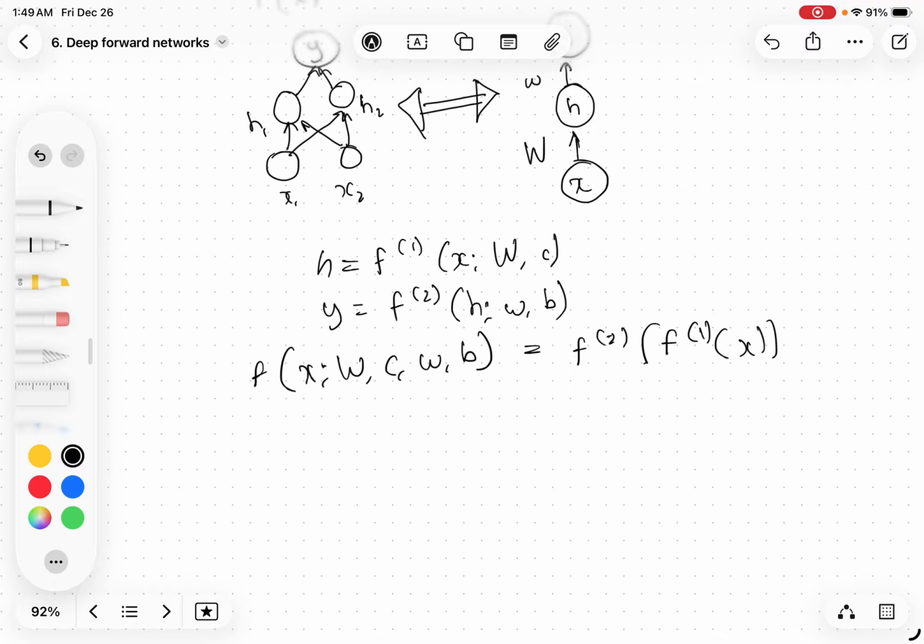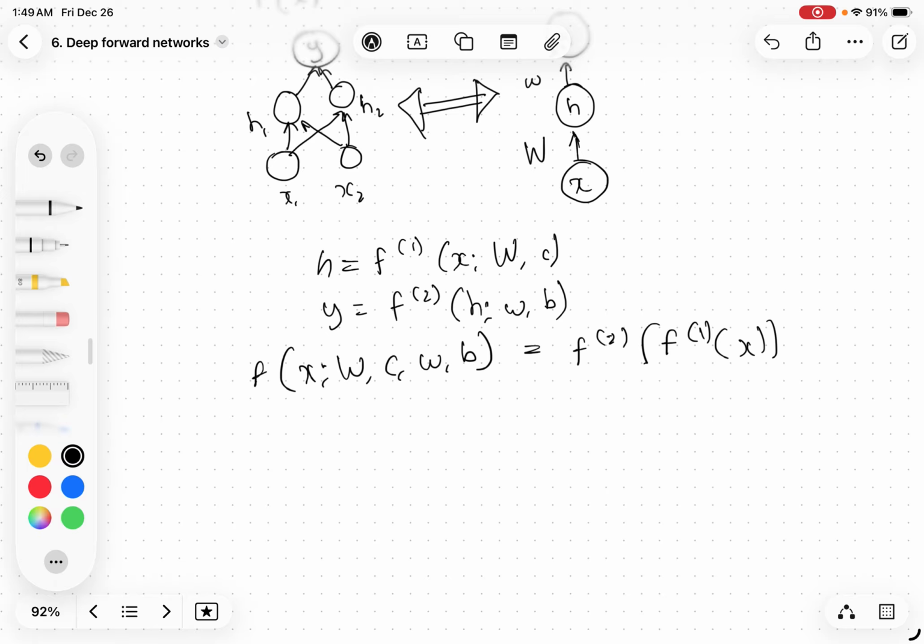Ignoring the intercept terms for the moment, suppose f1(x) equals W transpose x and f2(h) equals h transpose w. Then f(x) would be equal to w transpose W transpose x, and we can then represent the function as f(x) equals x transpose w', where w' is the combined weights. Clearly, we won't take that approach. We must use a nonlinear function to describe the features.